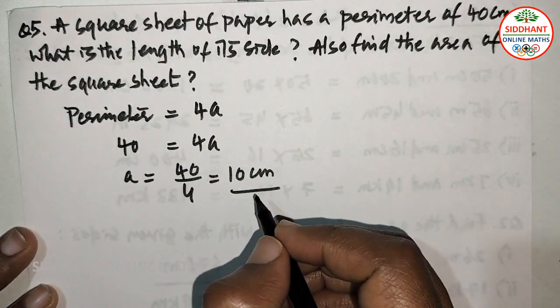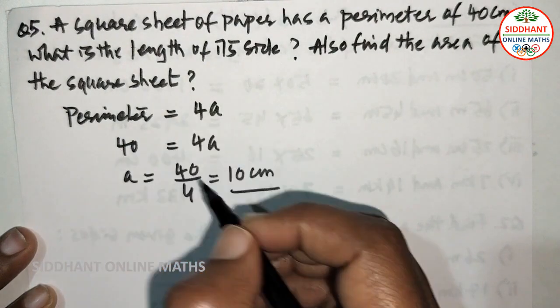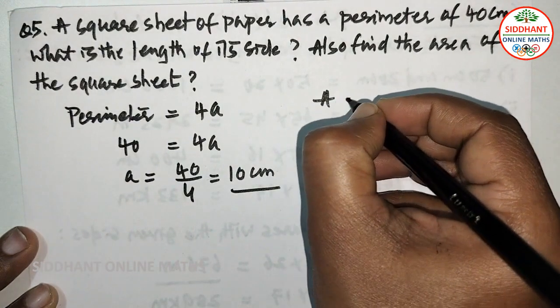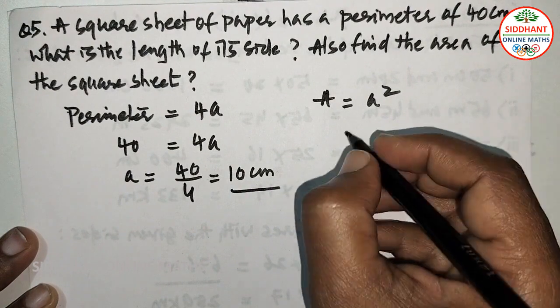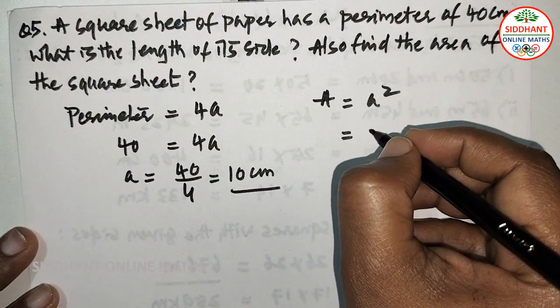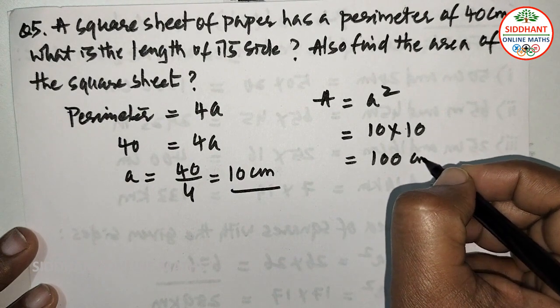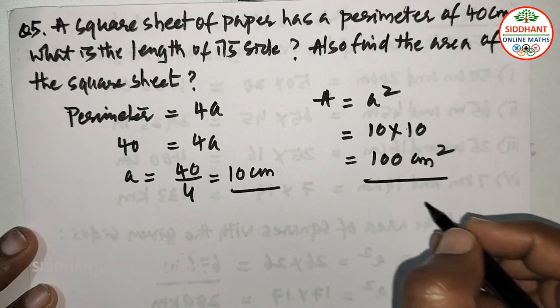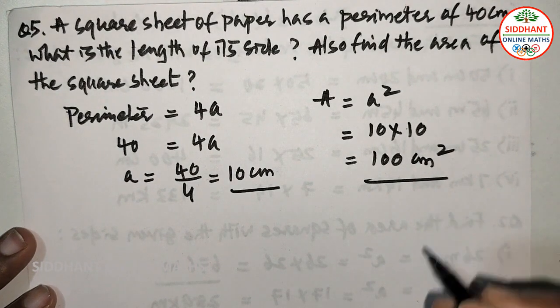And they asked also find the area of a square. So area is equal to side into side, that means 10 into 10, so that will be 100 square centimeters. So this is the area of a square sheet.